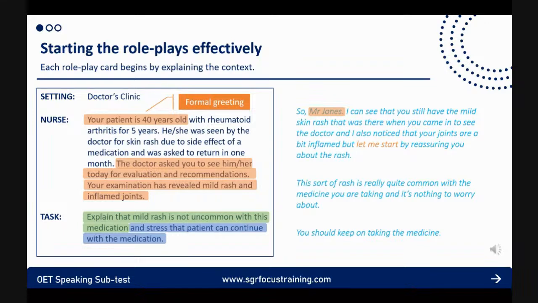So if you know the patient, there's no need for you to mention your name, but it's always very important you mention the patient's name. So we are using Mr. Jones in here. And then what you will notice from the introduction as well is that they've mentioned the reason why you are talking to the patient, okay?